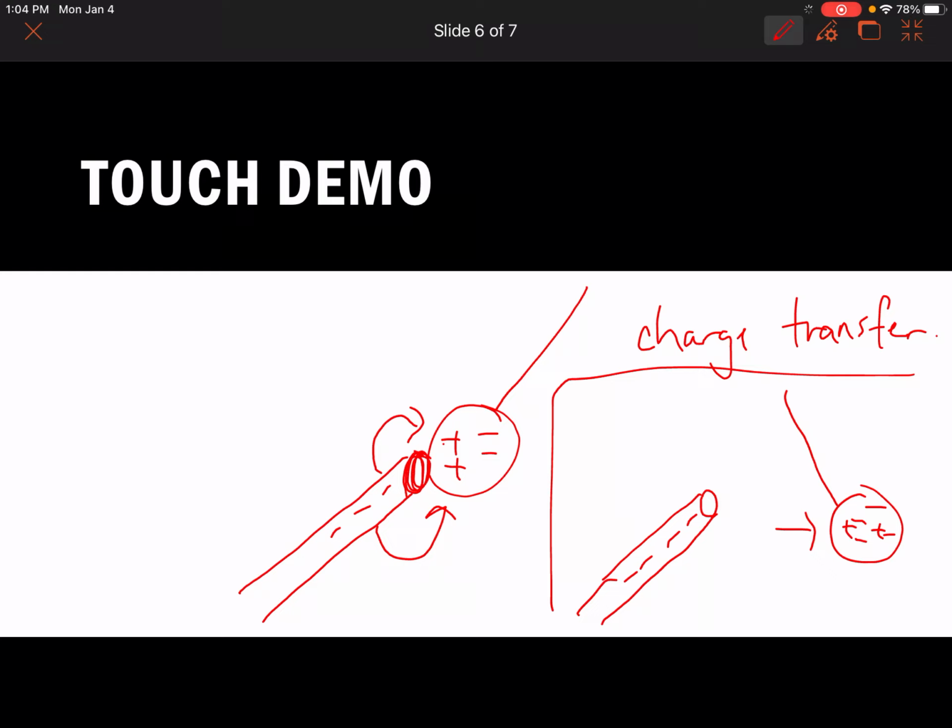Now, the same thing happens if the rod is positive, and that can happen. So say the rod was positive. When the pith ball would be touching, here we'd have the negatives lined up close. In this case, again, the positives do not transfer, right? Only the negatives.